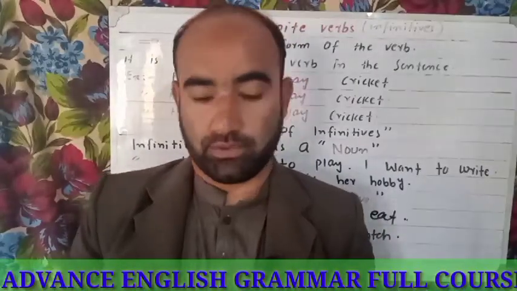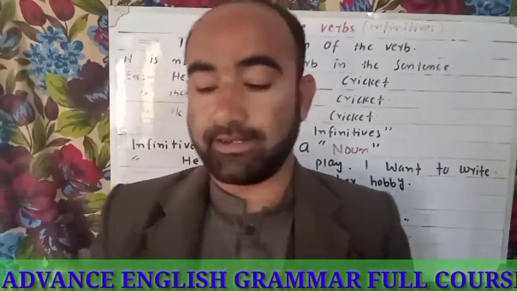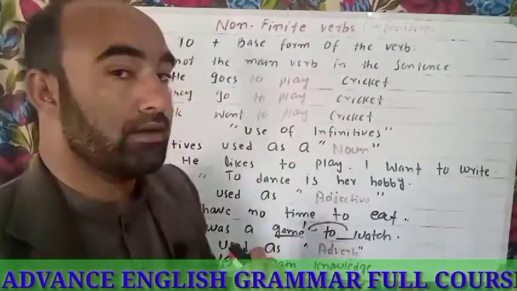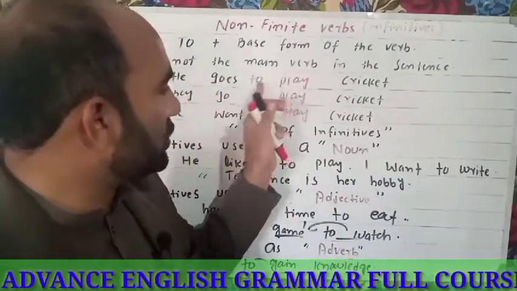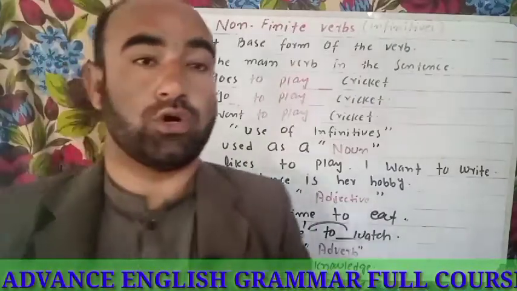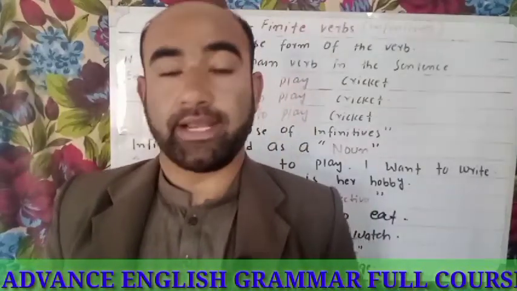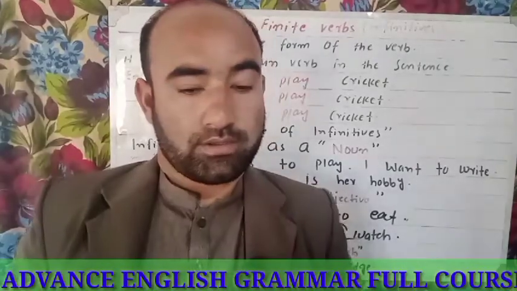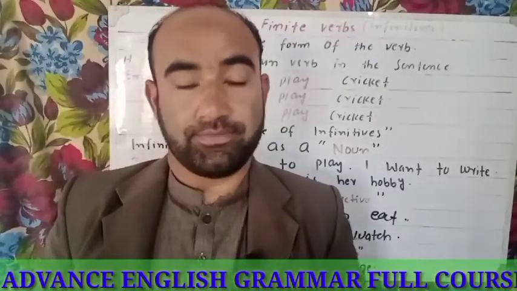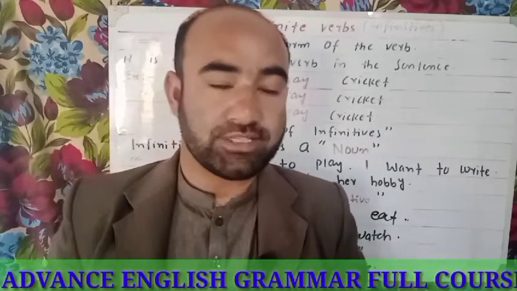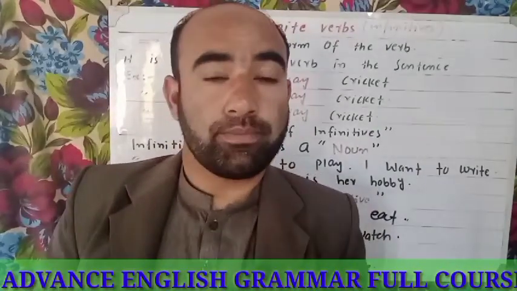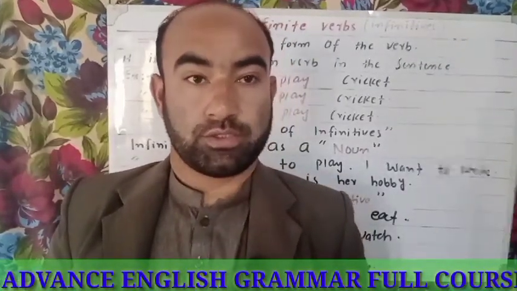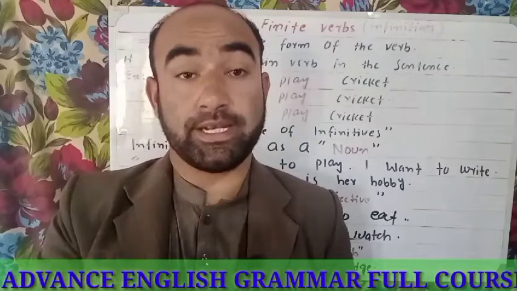Okay, the second is the full infinitive. These are the examples related to the full infinitive verbs: to play. And the split infinitive verbs: when, between to and the base form of the verb, an adverb or an adverbial phrase comes, that is called the split infinitive.